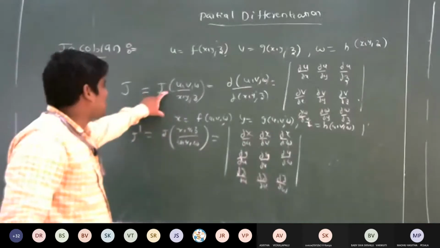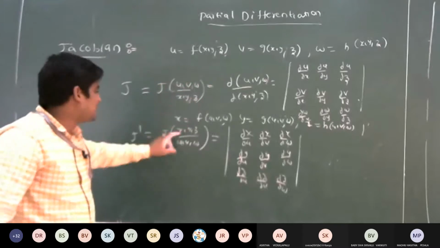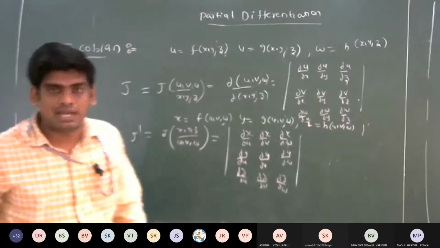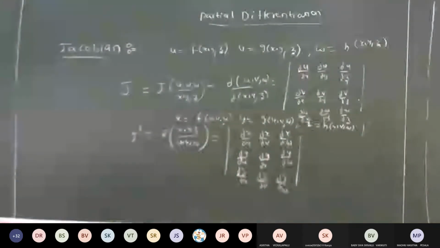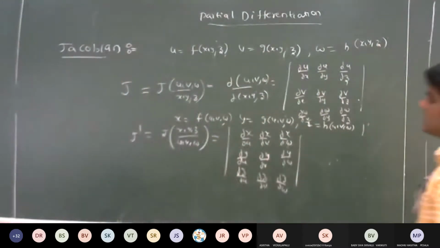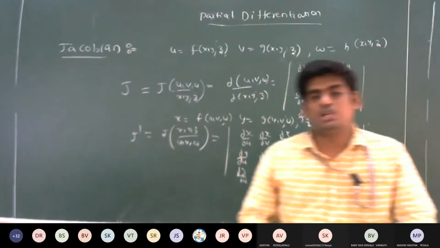The important observation here is that in this case u, v, w are the dependent variables, and x, y, z are the independent variables. From this we conclude that J into J dash is equal to 1.